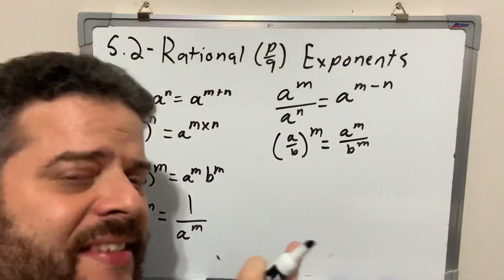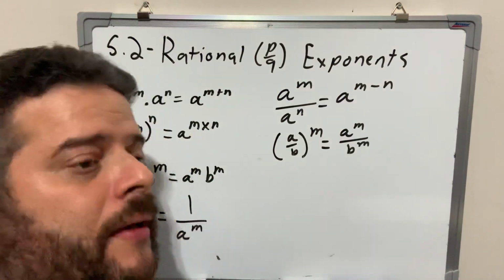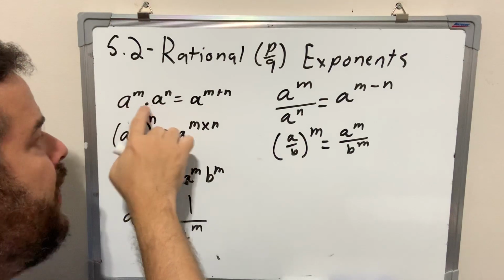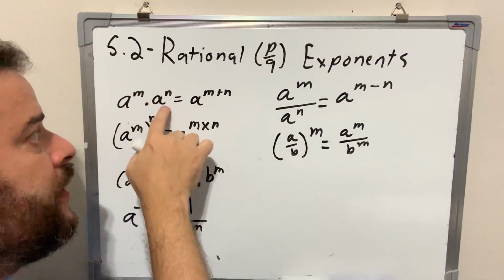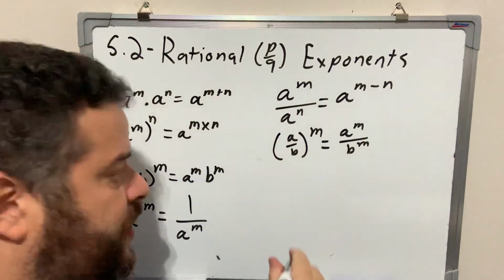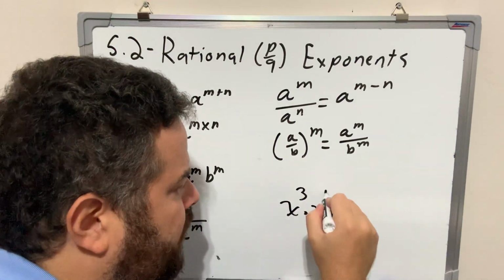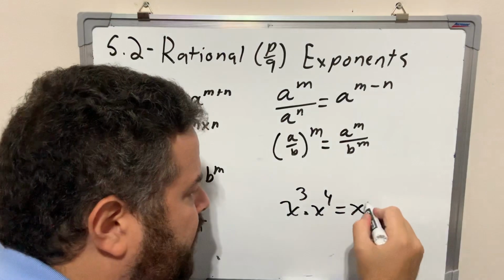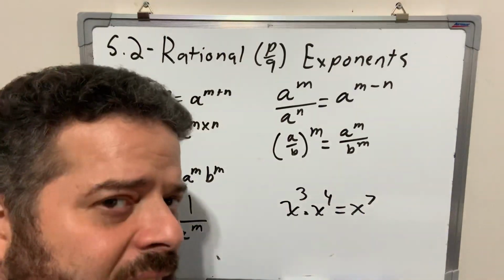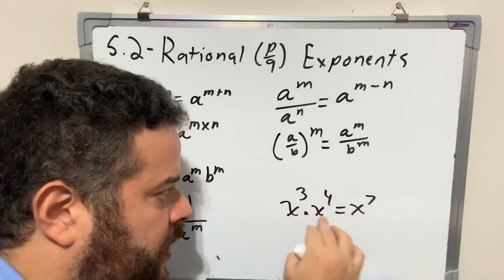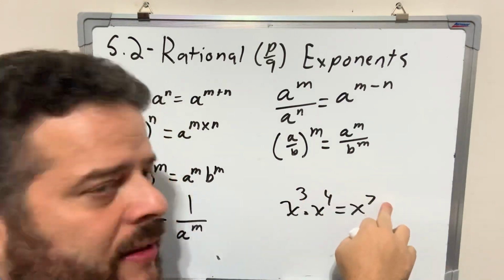If you have the same base, I repeat, if you have the same base and you're multiplying, all you have to do is add the exponents. x to the 3 times x to the 4 is x to the 7. It is not x to the 12. Note the x doesn't change. You just put the same base and you add the exponents.